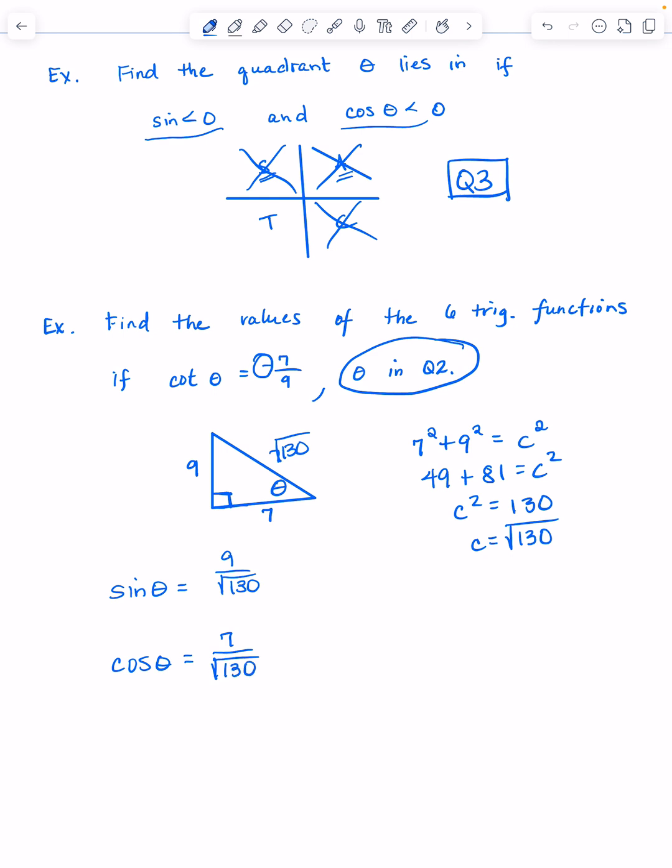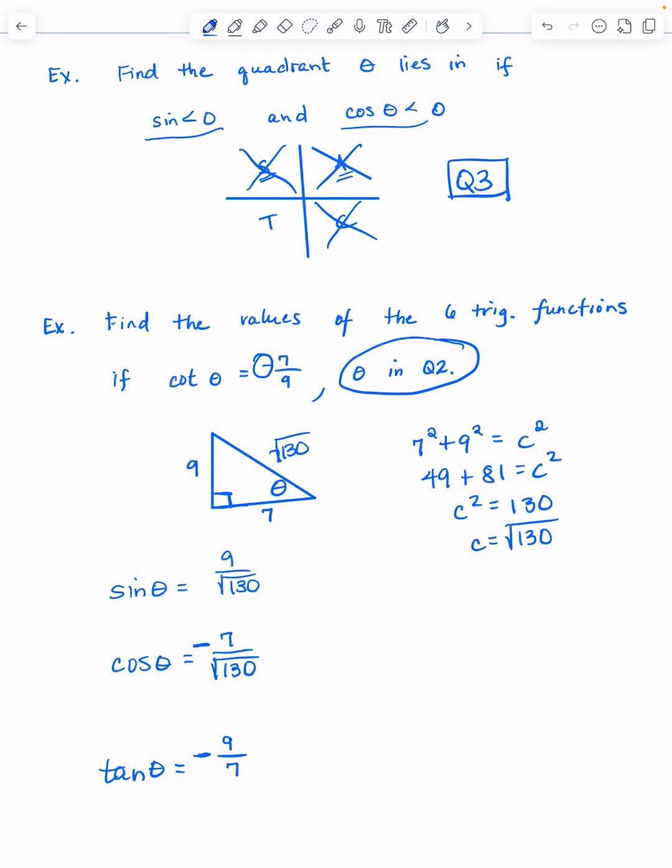I'm in quadrant 2 where cosine is negative, so that's going to be negative. And I've got the tangent of theta is the opposite over the adjacent, and we already know that's negative because it's a reciprocal of cotangent. That was given, but also in quadrant 2, tangent is negative.